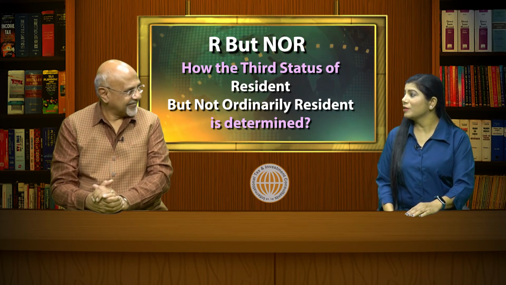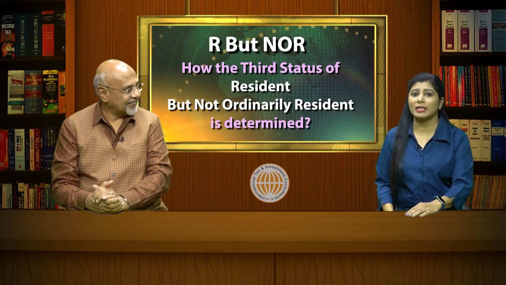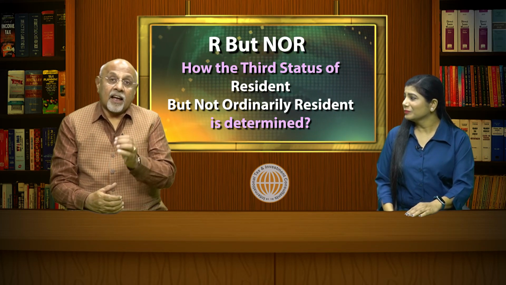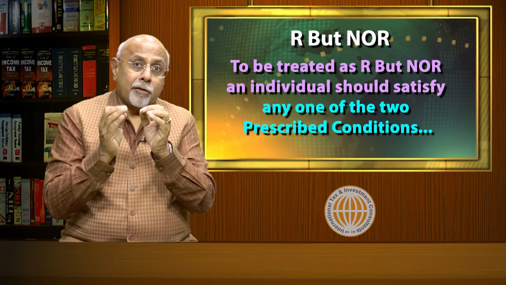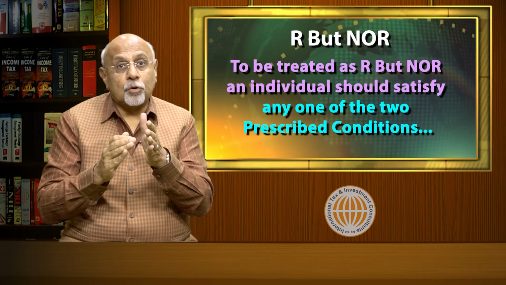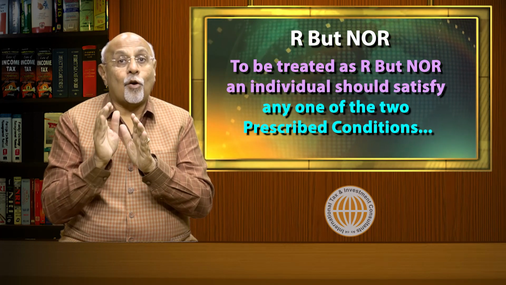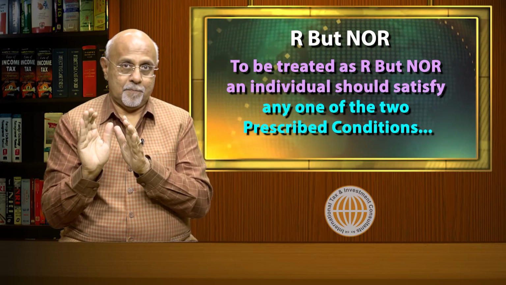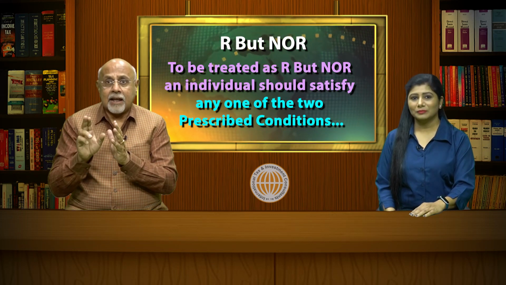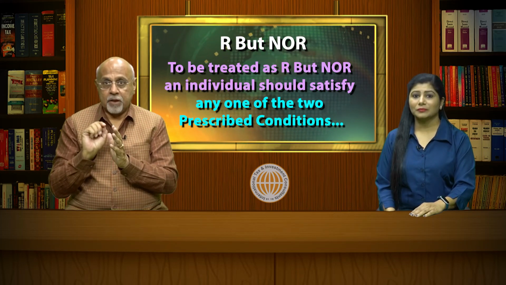You have clarified about resident and non-resident, but can you explain how the third status of resident but not ordinary resident is determined? Yes, Chami. Once you are a resident, you need to look at the next step and find out whether you are also an ordinarily resident or not. This is determined if the concerned NRI fulfills any one of these two conditions.